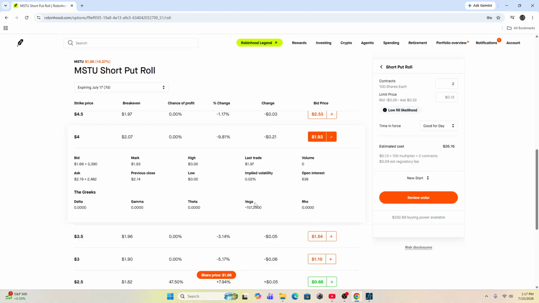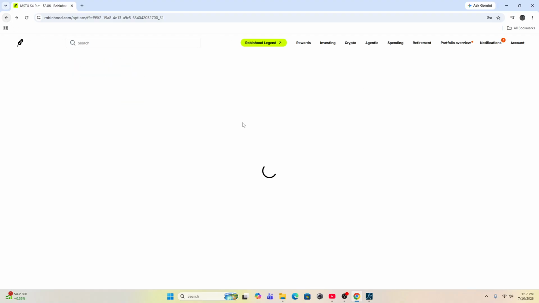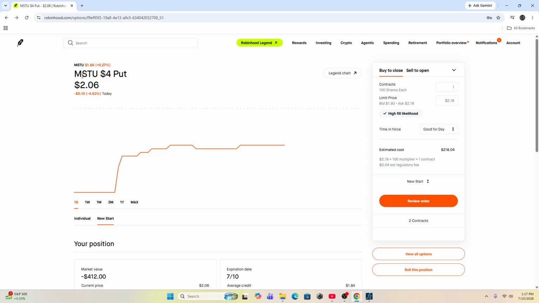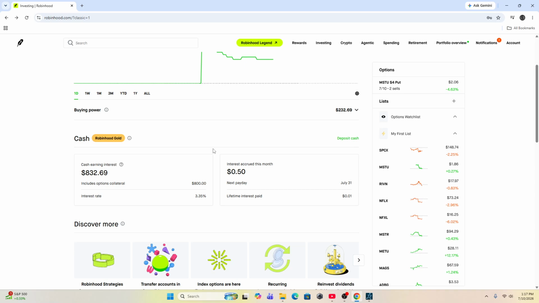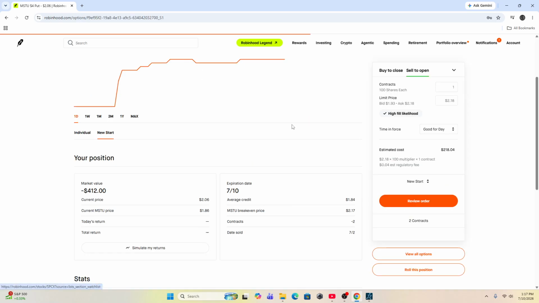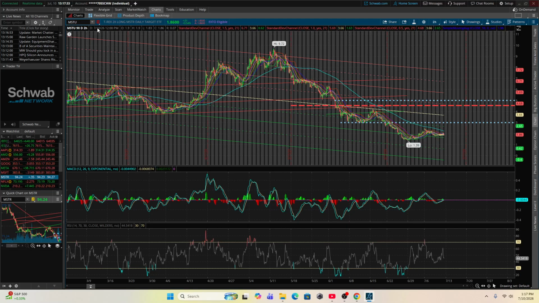If right now the share price is $1.86, and this is $4, then that should be $2.14 instead of this $1.93. MSTU current price is $1.86.